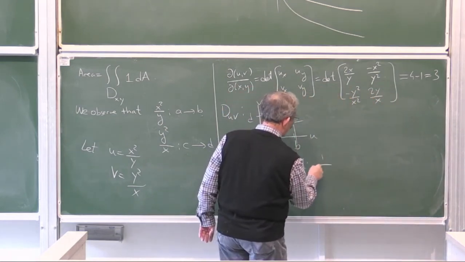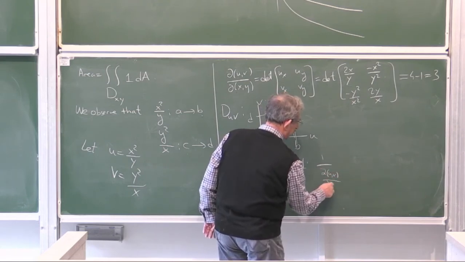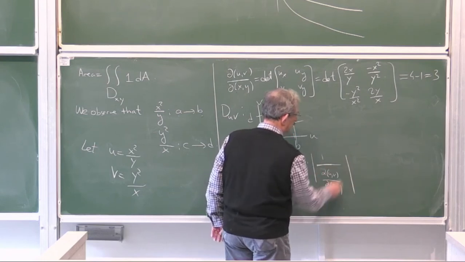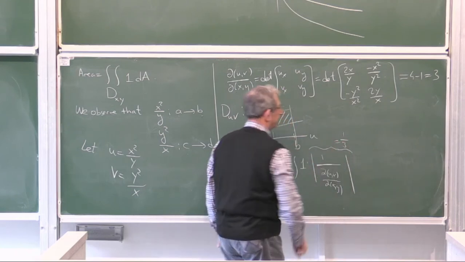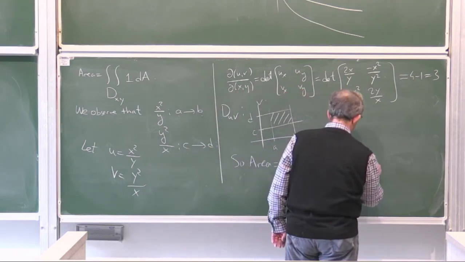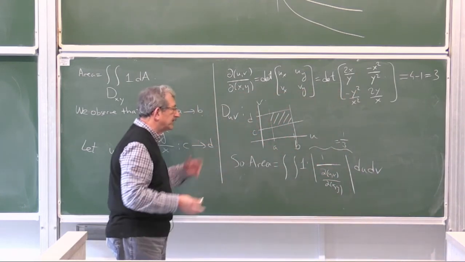So it is 1 over del(u,v) by del(x,y) in absolute value, which of course happens to be 1 over 3. And du dv, because I have no u's and v's inside, actually it doesn't matter.